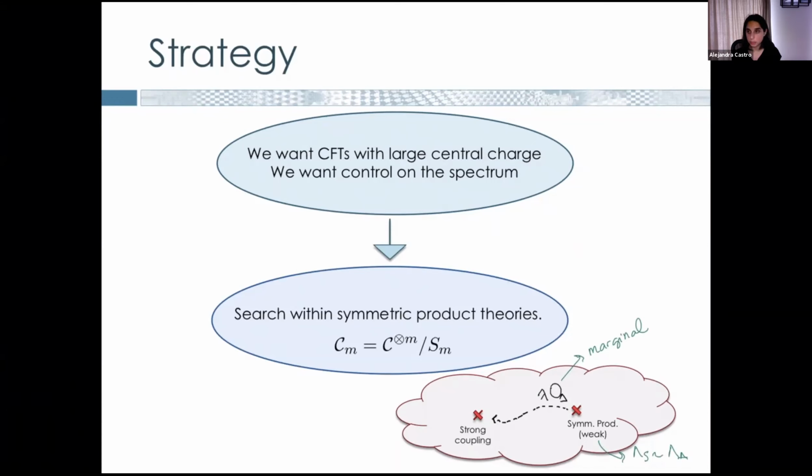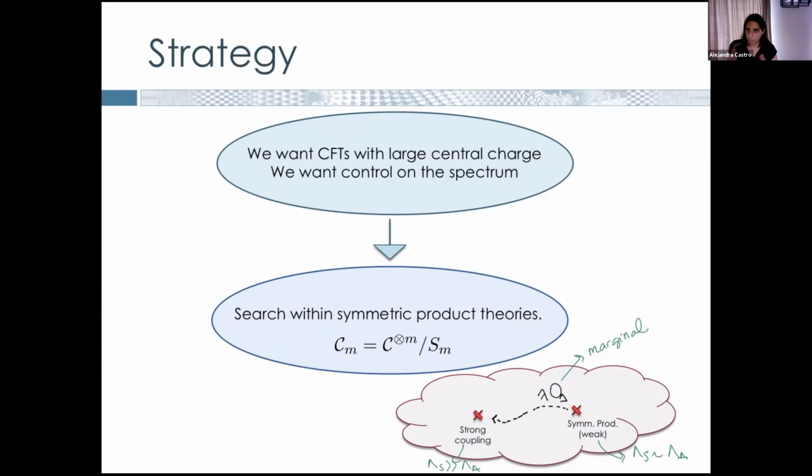But if I have a marginal operator that turns on a coupling that will allow me to reach a point of strong coupling, ideally, then the string scale is much bigger than the AdS scale. That's what we have in mind: you start with a symmetric product theory, which will be this weakly coupled description. So basically the copies are not talking among each other.